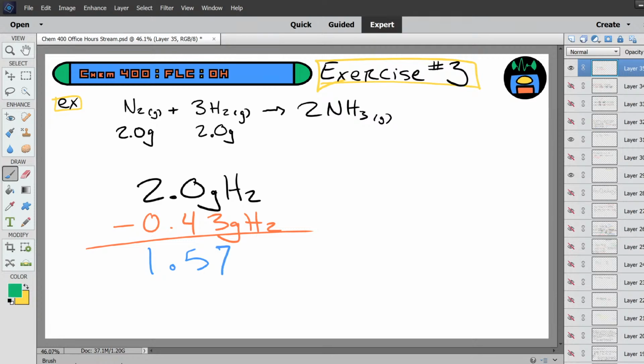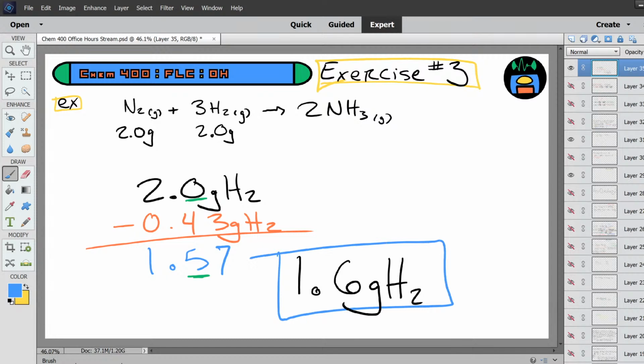But sig figs wise, our least precise was our initial, so we've got to end at the first decimal place, so our final answer will be 1.6 grams of H2 unreacted. This is left in excess.